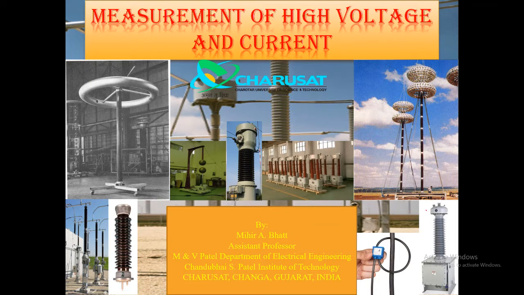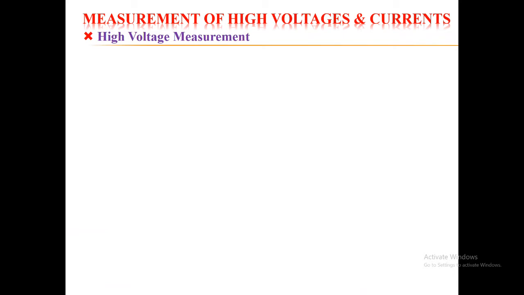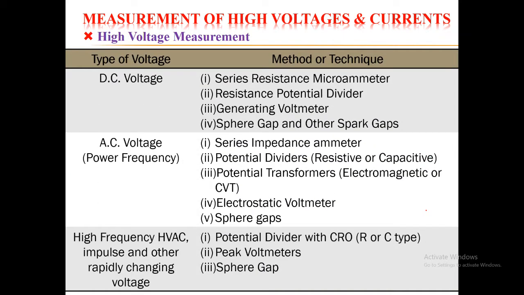In the previous lecture, we discussed the series resistance micrometer method, resistance potential divider method, generating voltmeter, series impedance ammeter, capacitive potential divider, capacitance voltage transformer, electrostatic voltmeters, and series capacitance peak voltmeters.